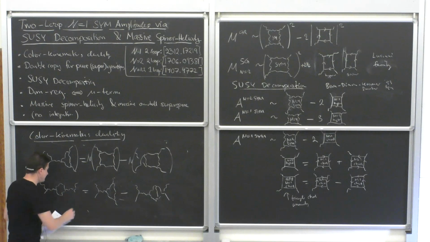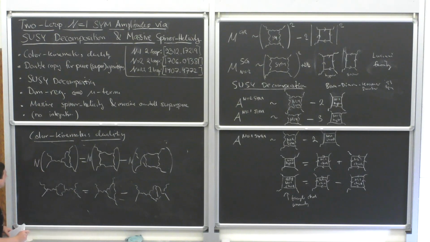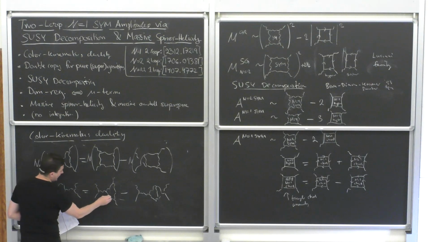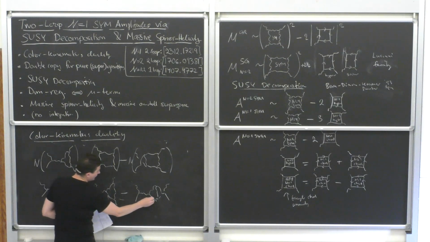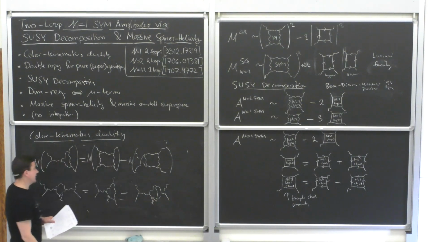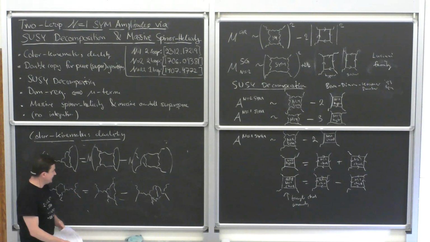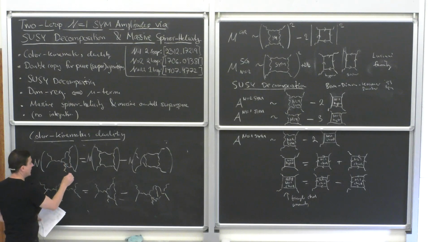That gives the bubble. One thing you have to do here is be very careful with your loop momenta, that you line it up, because it's basically a functional relation on the numerator as a function of L. So you have to keep track of where L is sitting.